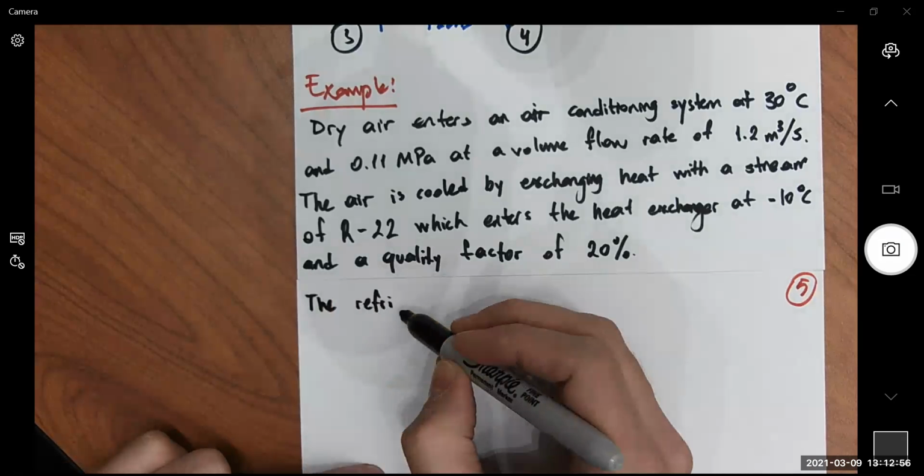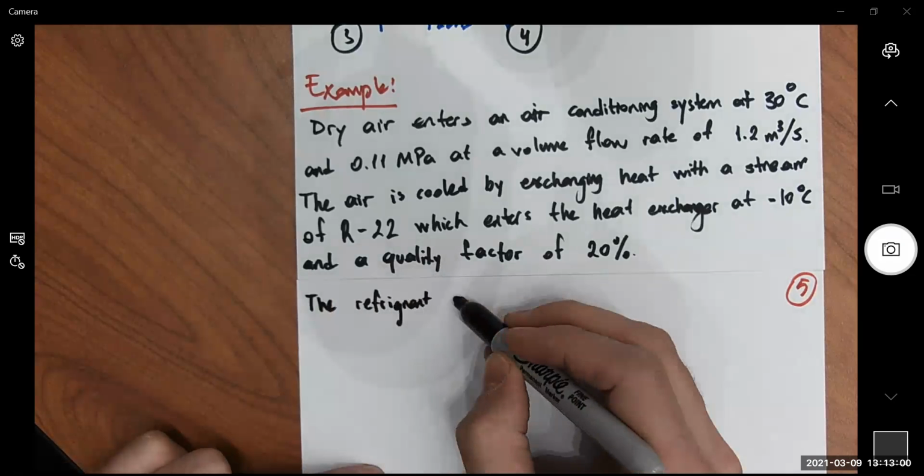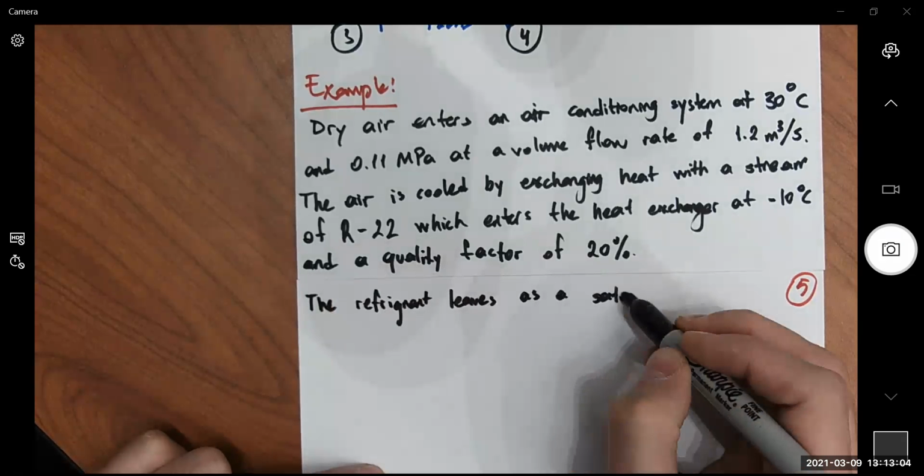The refrigerant leaves as a saturated vapor.